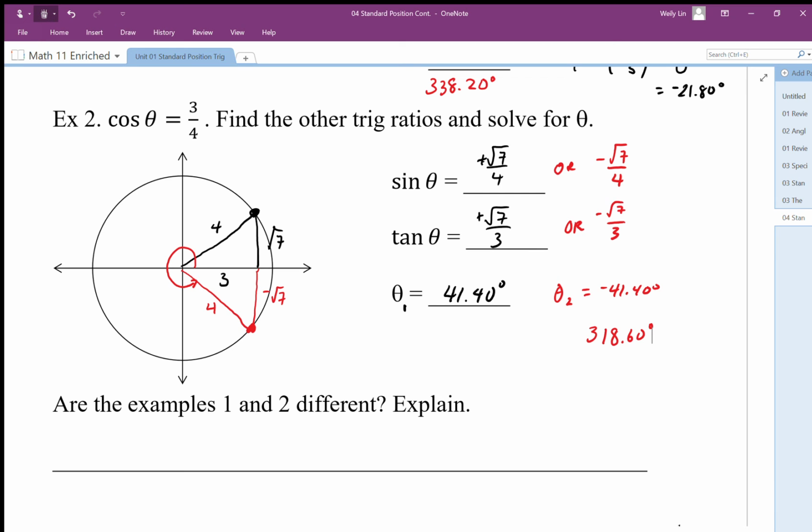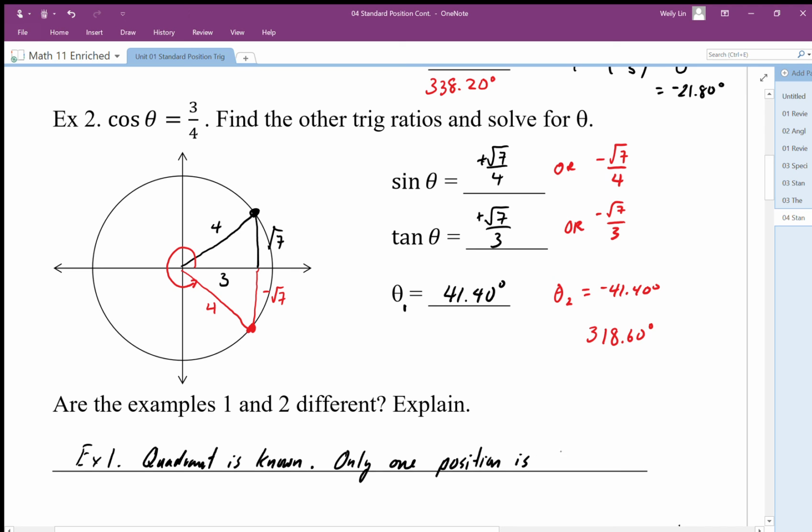So how are example 1 and 2 different? In example 1, the quadrant is known, so only one position is considered. Okay, so that's very important.